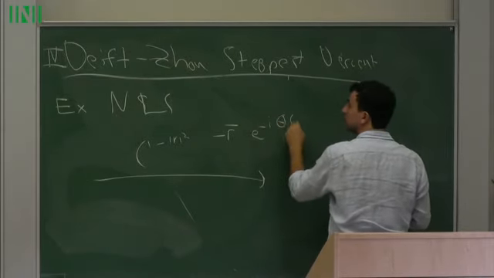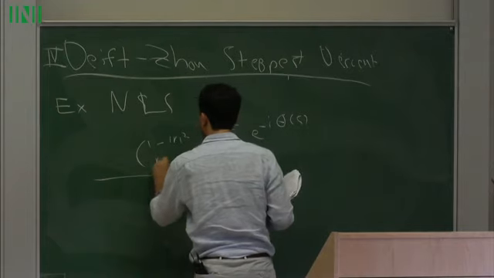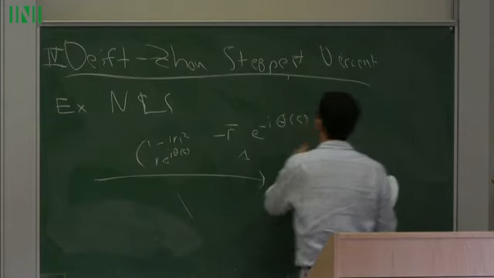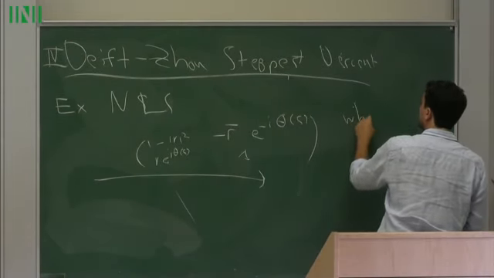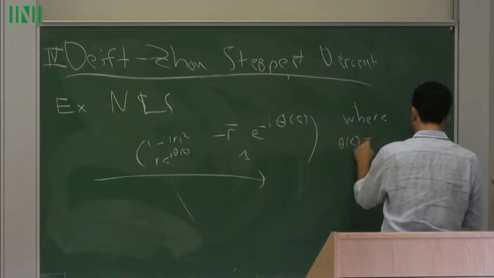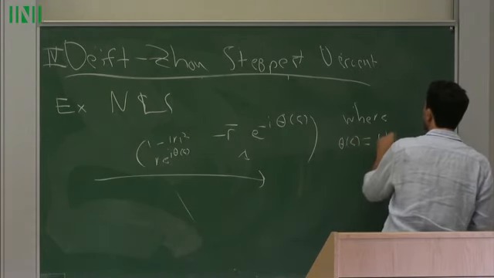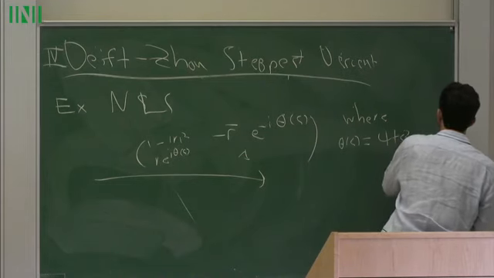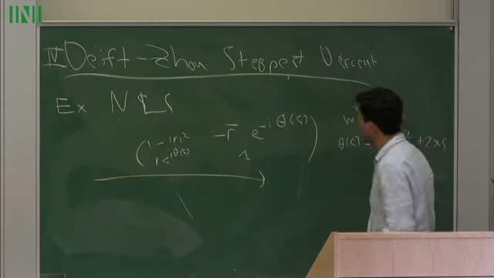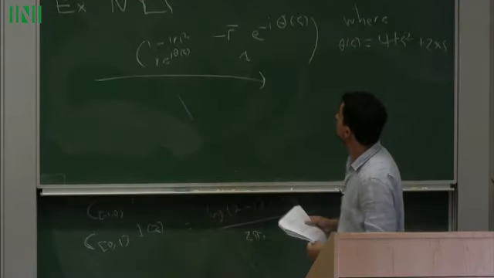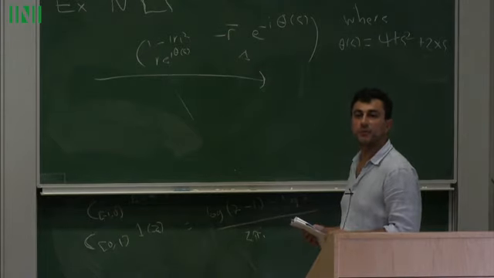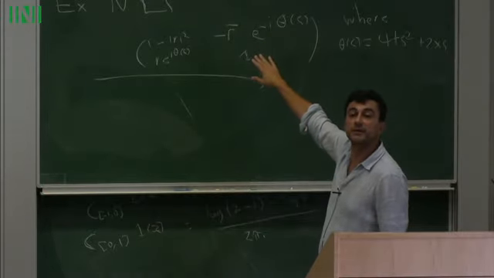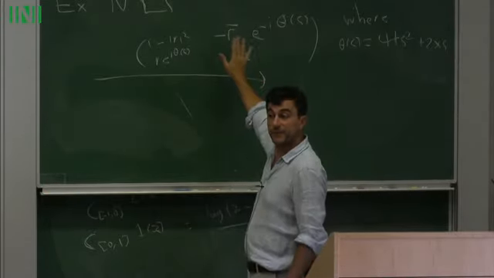I'll just write e to the i theta of s, r, and then 1, where theta of s is 4t s squared plus 2x s. Okay.